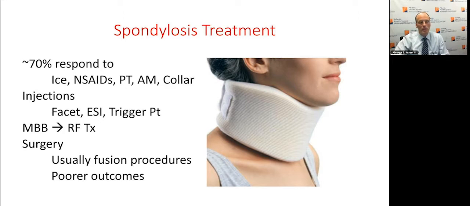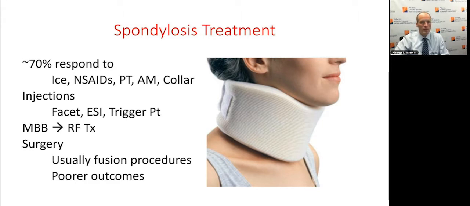If I really believe that the pain is coming from the facet joint, I can refer for a medial branch block. And if the medial branch block works, the interventional pain guys can do a dorsal rhizotomy or a radiofrequency treatment, which you may have heard of. And that can provide relief for axial type neck pain for anywhere from 6 months to 2 years.